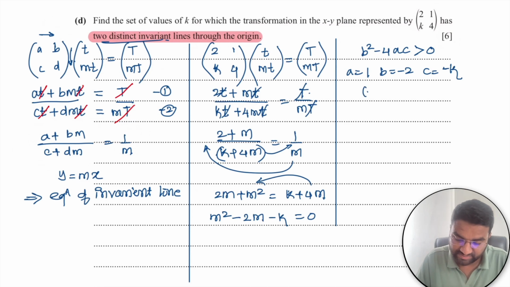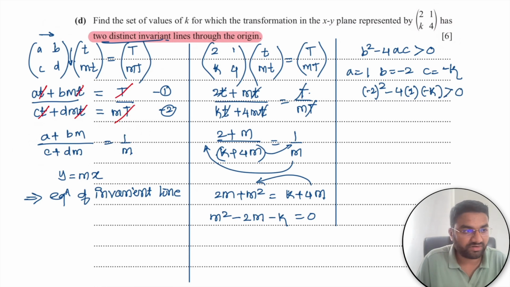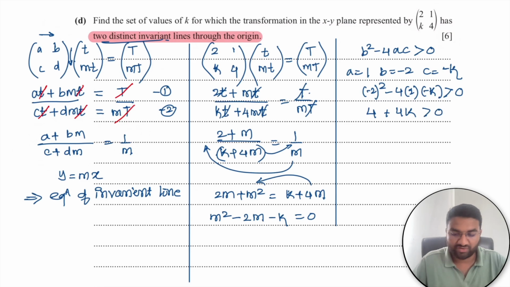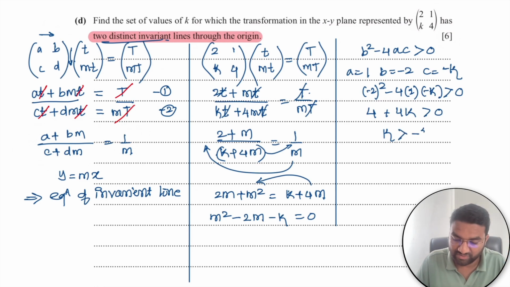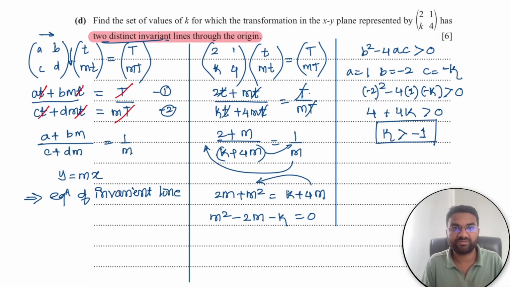So (minus 2) squared minus 4 times 1 times negative k is greater than 0, right? And then it's 4 plus 4k greater than 0. So it means k is greater than negative 1. And this is the set of values for which we will get two distinct invariant lines.